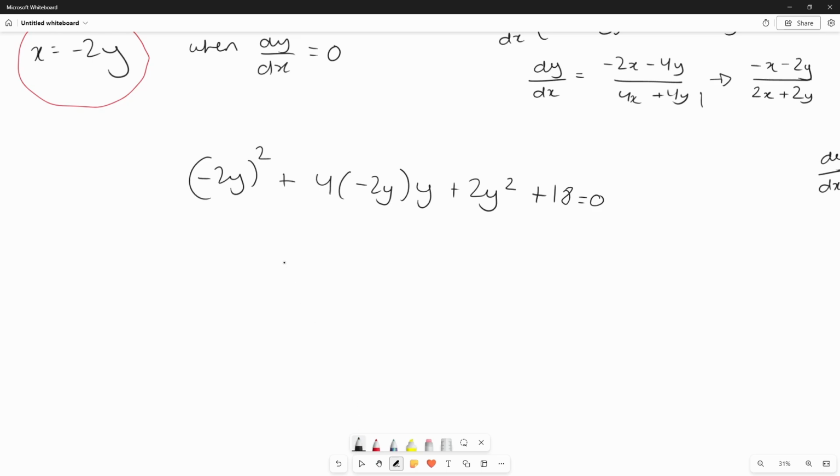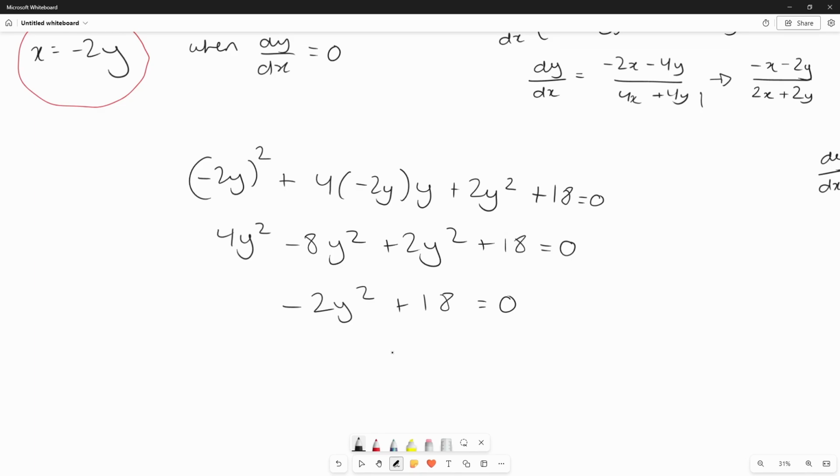Now let's expand this equation. That turns into 4y squared minus 8y squared plus 2y squared plus 18 equals 0. So we get minus 2y squared plus 18 equals 0. We can write this as 18 equals 2y squared. We can divide through by 2, so we get 9 equals y squared.